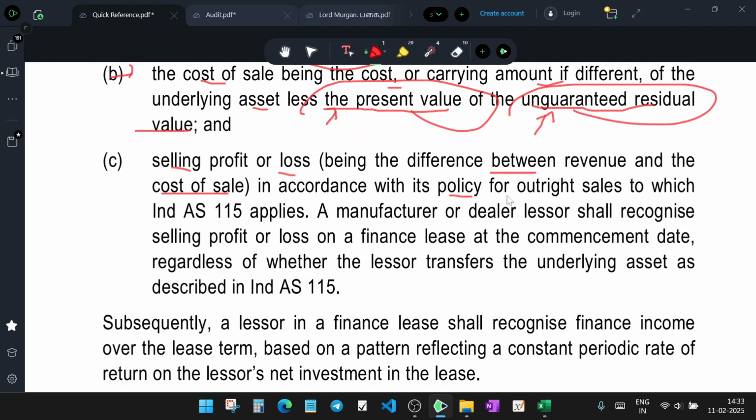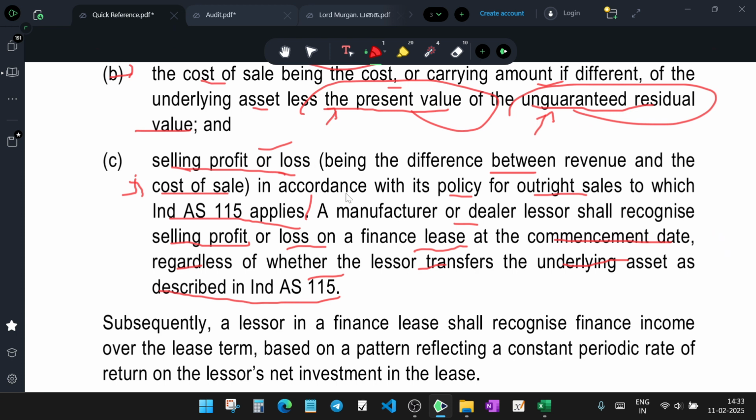According to the policy of outright sale to which Ind AS 115 applies, a manufacturer or dealer lessor shall recognize selling profit or selling loss on a finance lease at the commencement date, regardless of whether the lessor transfers the underlying asset as described in Ind AS 115. So the selling profit or loss is the difference between the revenue and the cost of sale, based upon this.